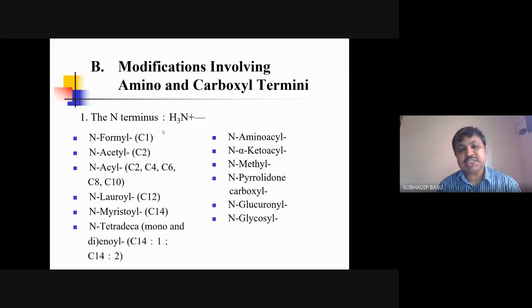Then there are modifications involving amino and carboxyl termini. As you know, at the amino terminus, the N terminus, there are many different variations that can be formed. These are N-methylation and N-glycosylation, and these are different types of post-translational modification.